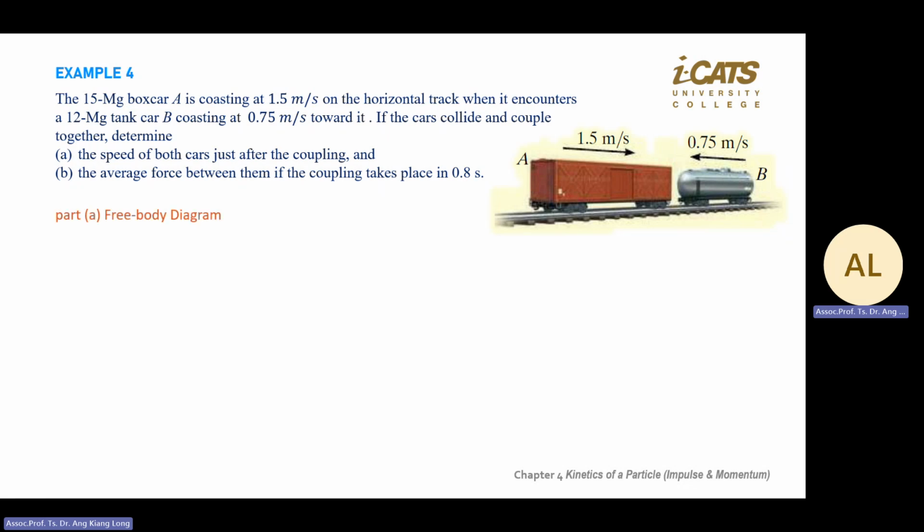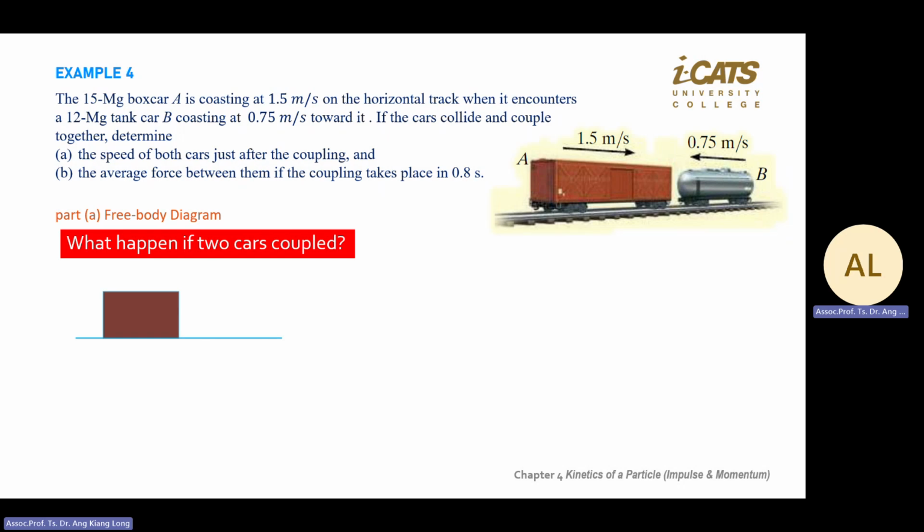Okay, so you need to draw free body diagram. So A is both car just after, not before. Just after coupling means they join together. So when joined together, the chocolate box will join with the gray box. Right, makes sense, right?